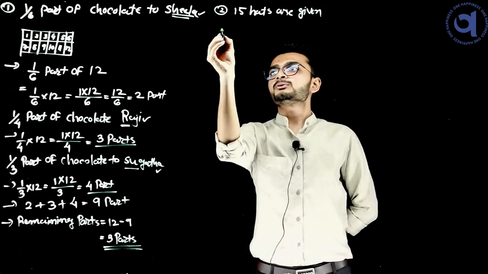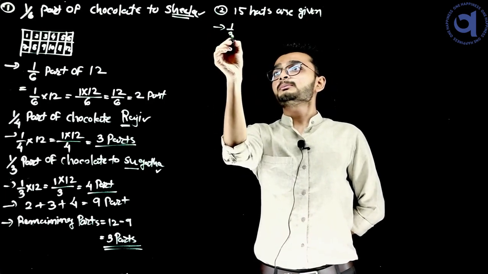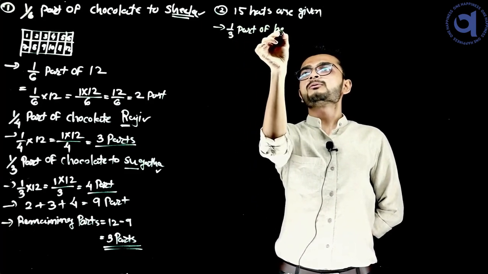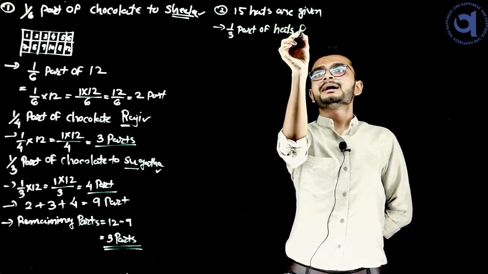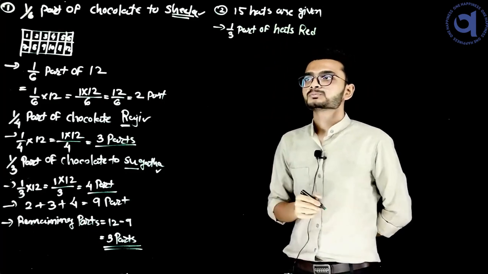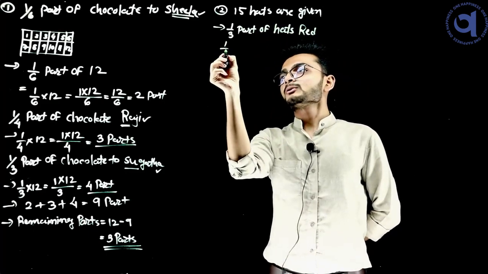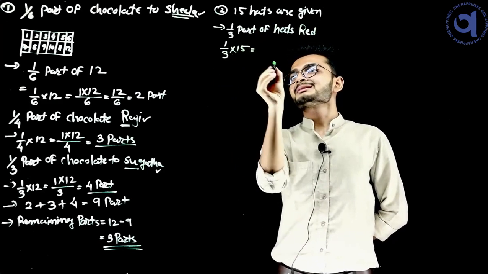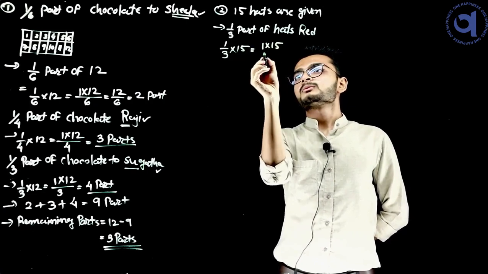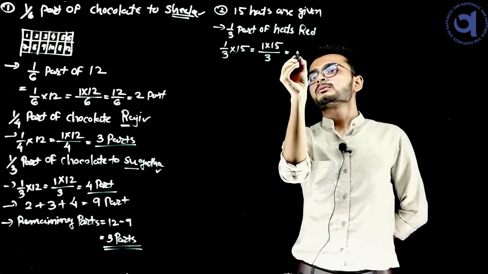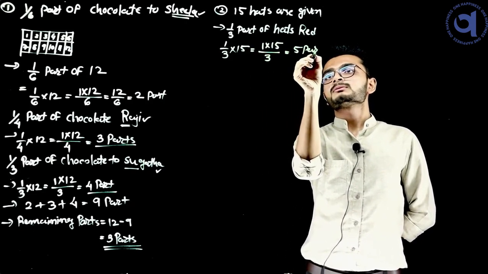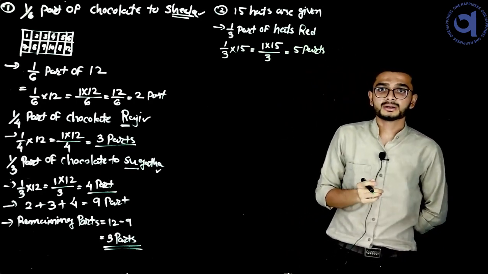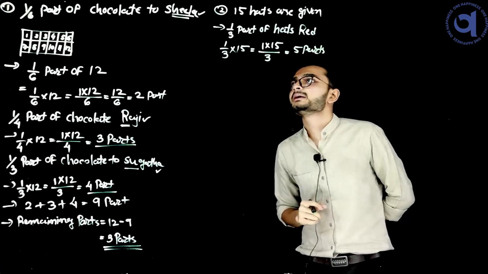For example, we have to color 1/3 part of the hats red. So 1/3 part of the total hat number 15 is equal to 5 parts. That means 5 parts we have to color red.